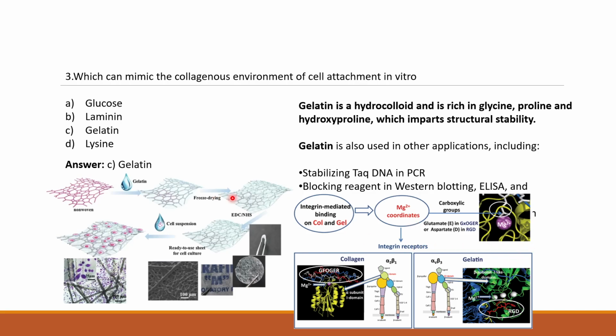As we said earlier, your cells will have integrins attached to them. These integrins will bind to the gelatin or your collagen molecules at their carboxylic groups. At this region, you will have certain sequences of amino acids which are like the binding sites.